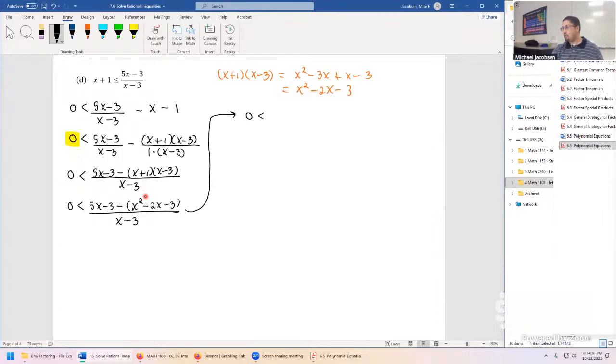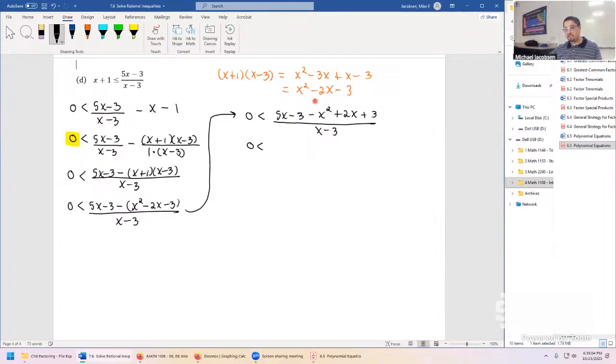So I have 0 less than 5x minus 3, and now just multiply that negative sign into the group. Now it's negative x squared plus 2x plus 3. When we distribute in the negative, all we do is we flip all the signs we see inside the group. It's all divided by x minus 3, and we're getting there.